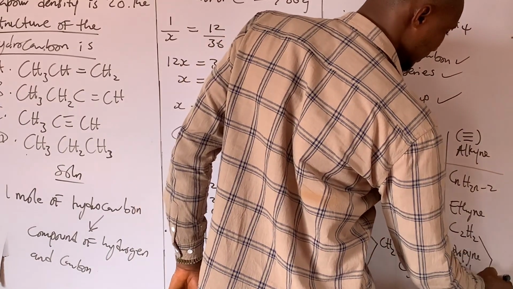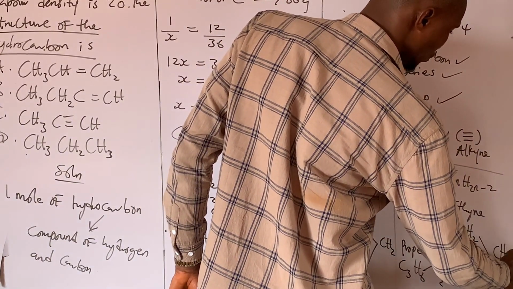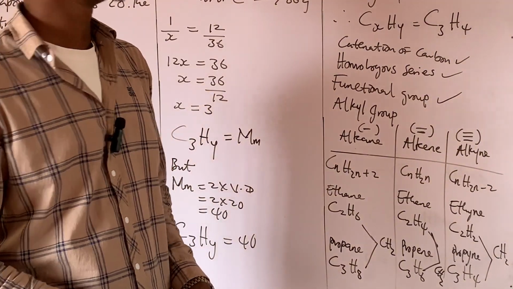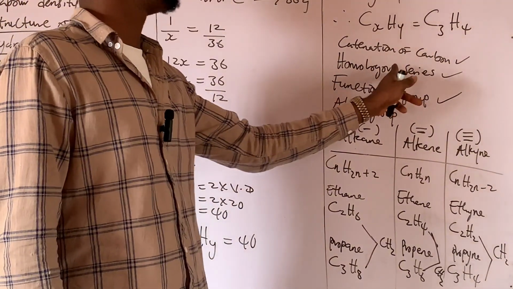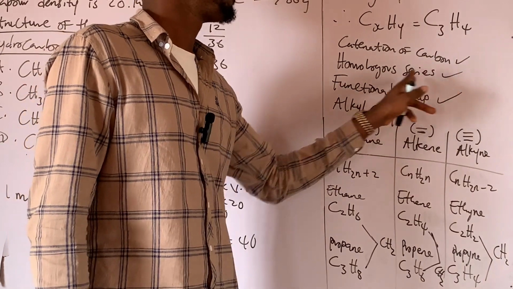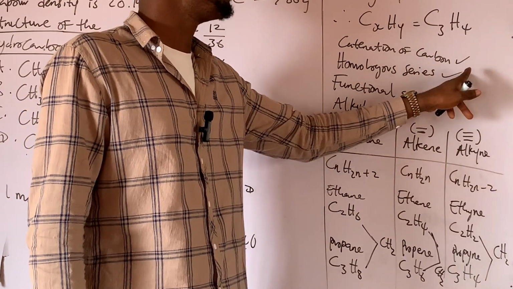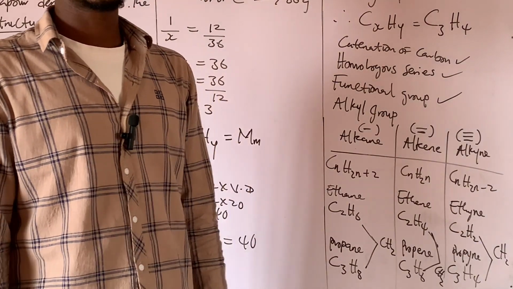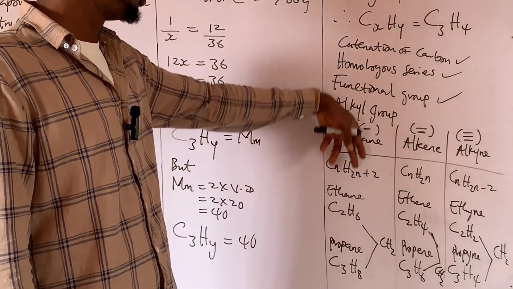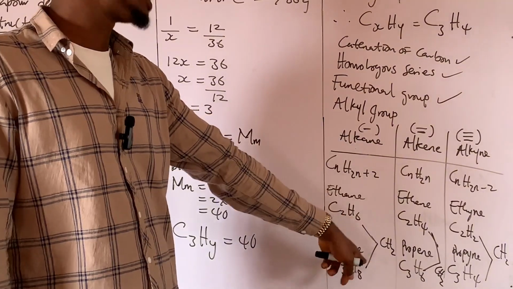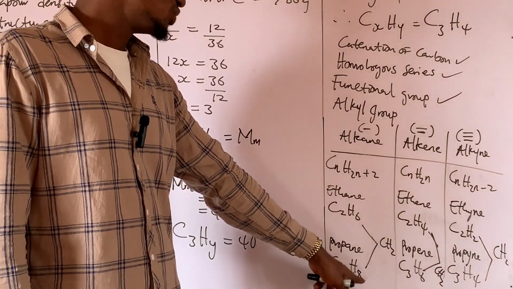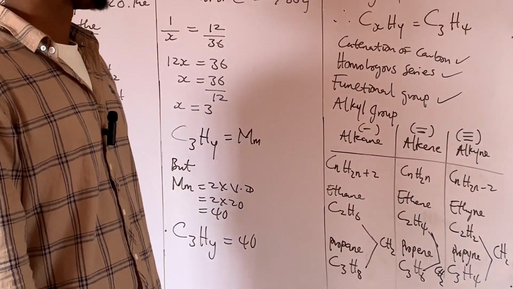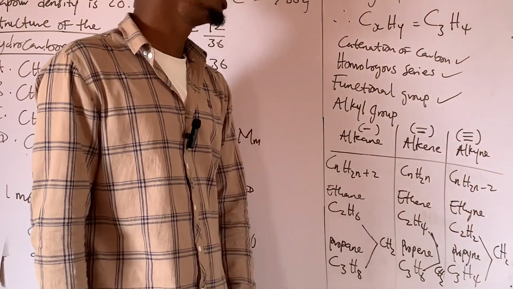So we have CH2, which means what we are told about homologous series is true: they are the family of organic chemistry in which each successive member differs by CH2. You understand now? Even if you continue down to the decane, we'll still have the same. Now, back to functional group.